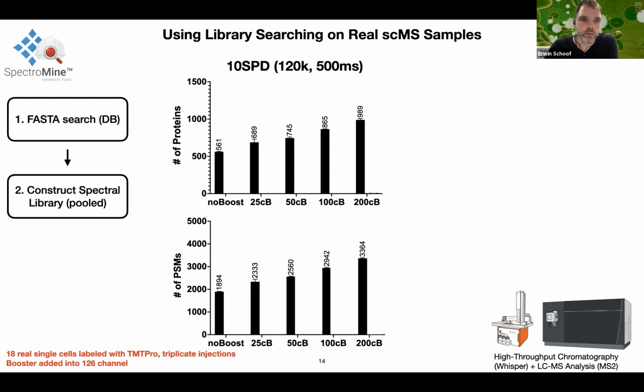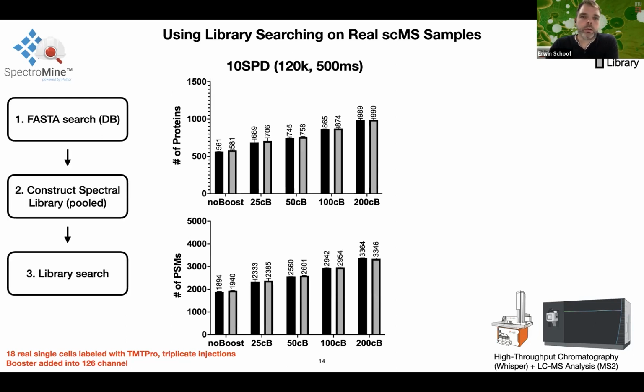If we then again make the spectral library, we get a small bump in terms of protein numbers. We're getting a slightly larger bump in terms of peptides, like 100 more peptides, which is again 100 more quant values, meaning it's a welcome improvement to all this.